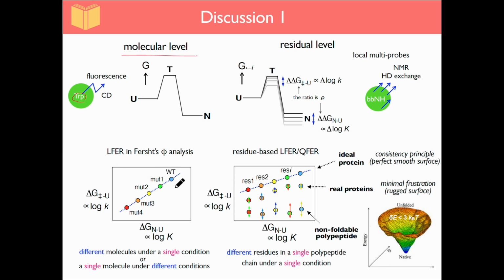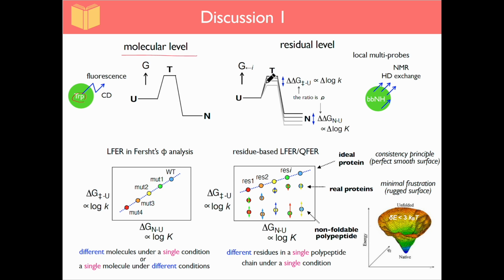In the mutation analysis, this is the wild type and mutations, so that is different molecules. These are different molecules under a single condition. Another type of molecular level LFER is a single molecule under different conditions, for example different solvent conditions, water, alcohol, and so on.